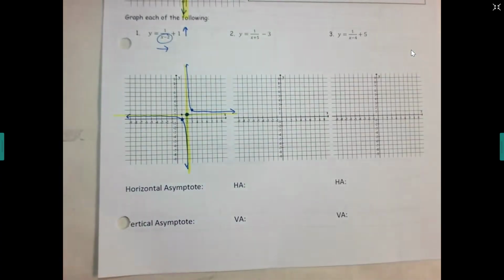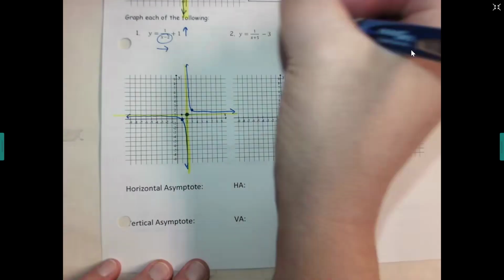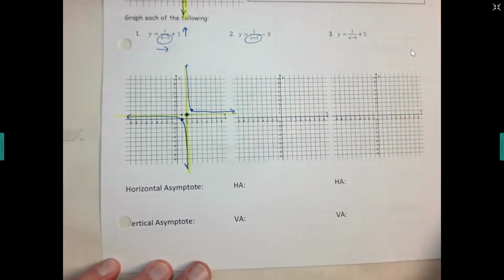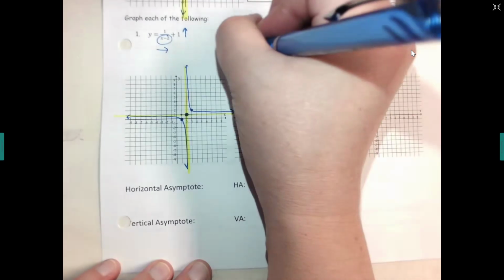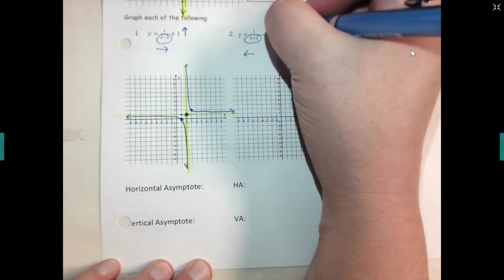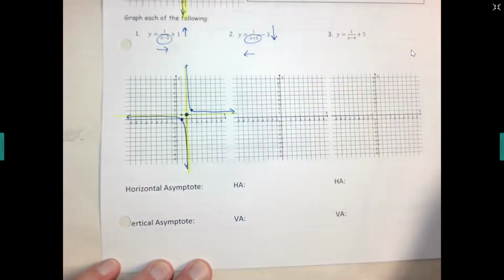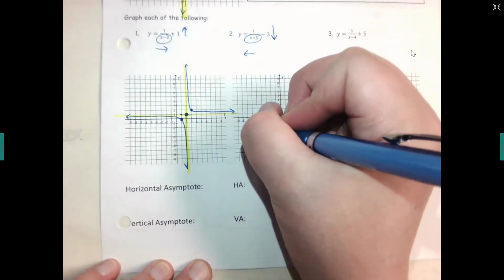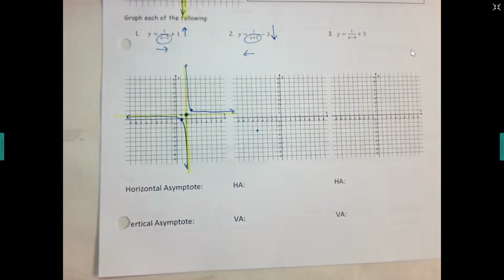Which way is the +5 going to shift the graph? Left or right? Left. Left, and then which way for the 3? Down. -3 would be down. Yep. So go to the left 5, down 3. And then that's where your new big plus sign is that you're going to have to not touch.